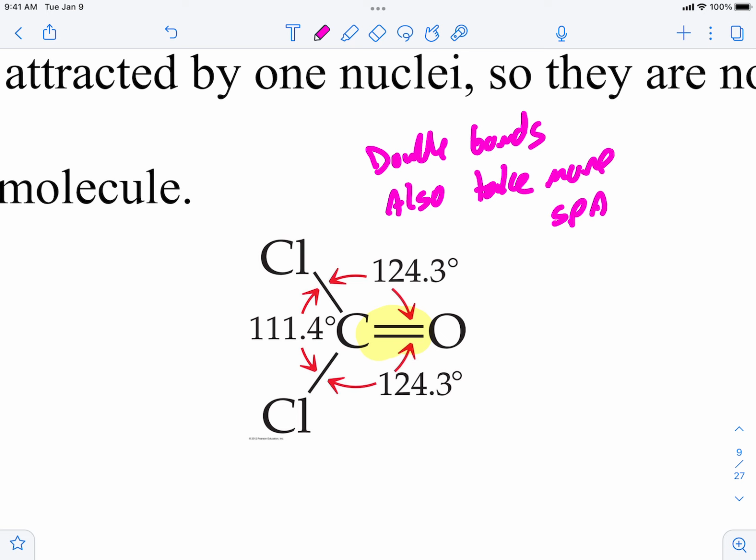And they will also constrict the bonding angle a little bit to some degree. In this case, it goes from 120 to 111.4. So that's actually a little bit more constriction than we saw in the other examples. Again, don't need to know the exact numbers, right? Just understand the concept.